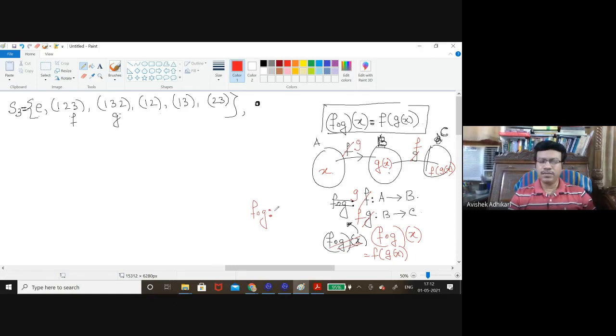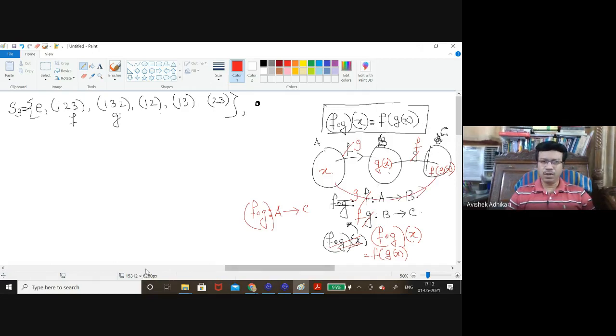From A to C. Yes, because G takes an element from A, it goes to B, and then F is applied, and it ultimately goes to C. So this mapping is a mapping from A to C.